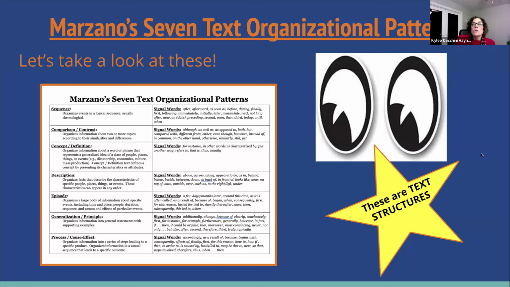Okay. So to make things a little simpler, if I was going to have my students, what kind of discourse am I going to have? What kind of output am I going to have? Marzano has these 7 text organizational patterns, and I'm going to click on this so we see it in a bigger way.